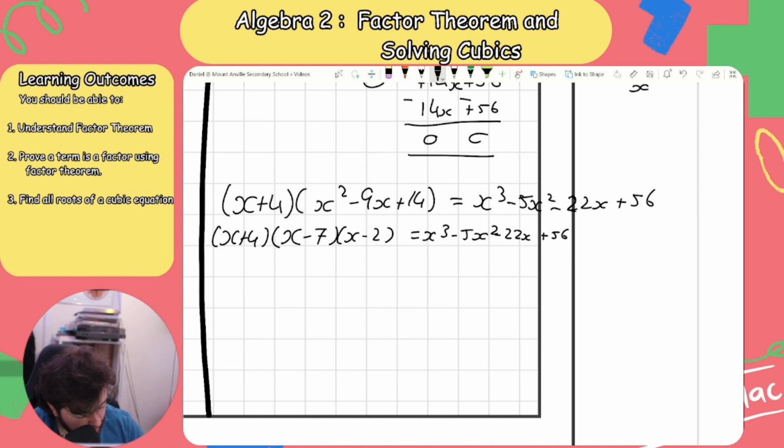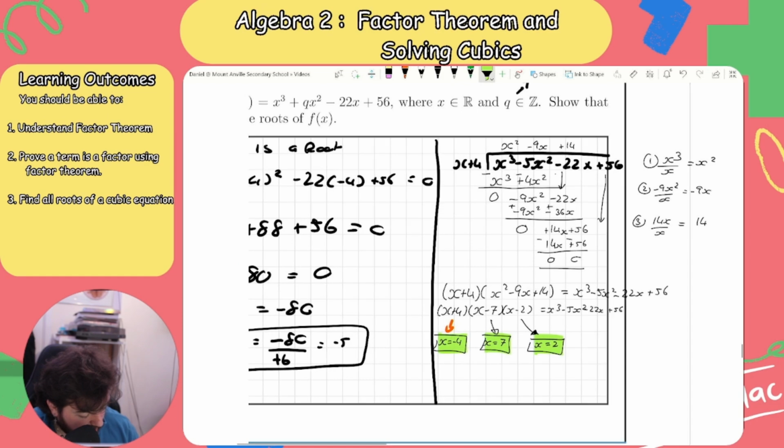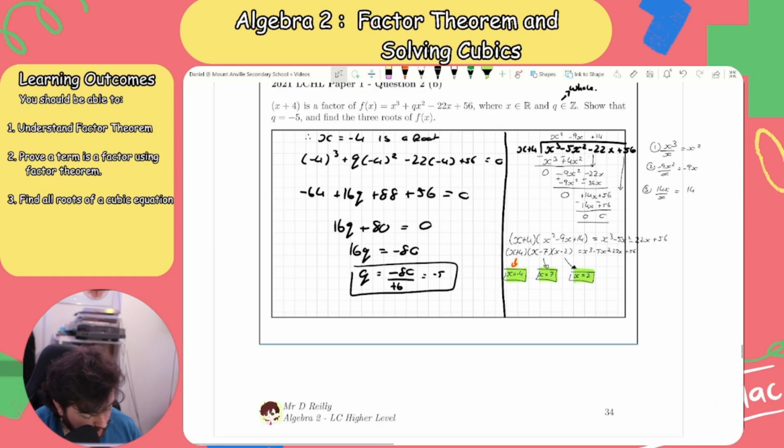So let each bracket equal 0. I'm going to get here, as my first solution, x equals minus 4. x equals 7. And x is equal to 2. And they are my three solutions to this. And remember, you can always check your solutions by subbing them in, right?